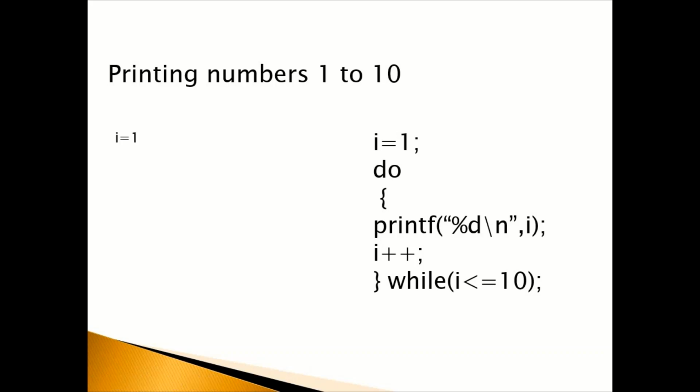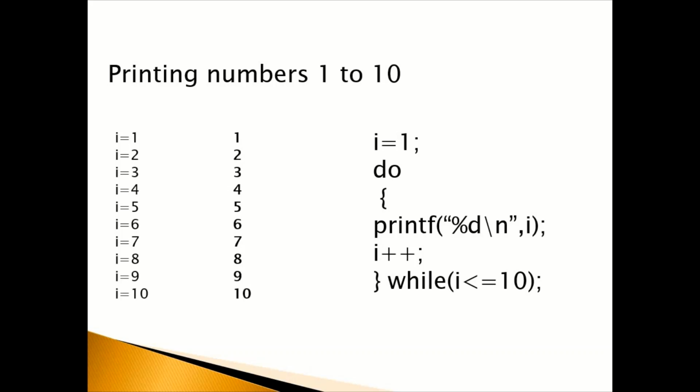Initially I is equal to 1, it enters the loop, it prints the value of I, that is 1. I++ will increment the value of I by 1, I becomes 2. Condition is tested, 2 is less than 10, so it goes back to the statement printf, it prints 2, I is incremented, like this it prints the numbers from 1 to 10.